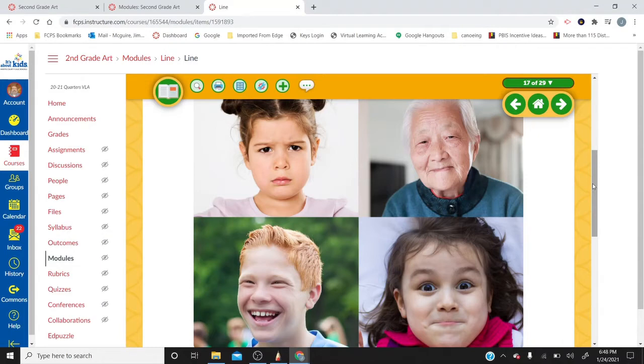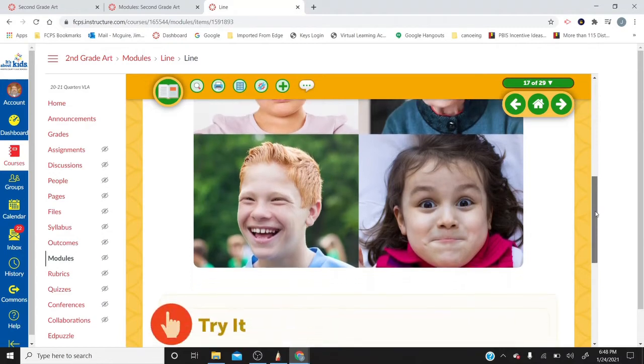In the picture to the right, those eyebrows are created by lines way up high, and the eye lines are more up in the center area, so it looks like the eye is open a little more and brighter. Same thing with the bottom right. You can see the eyebrows are lines that are higher up on the face, and that gives us the impression that they're happy.